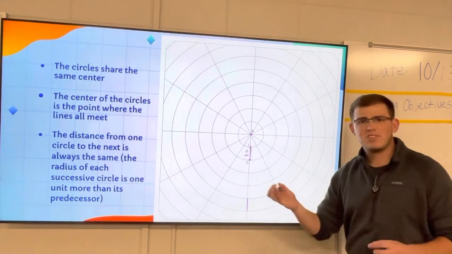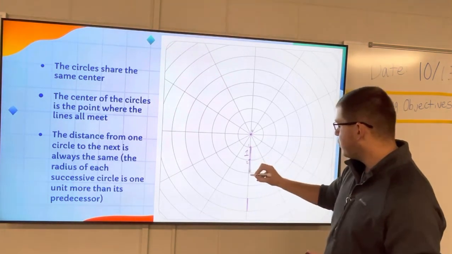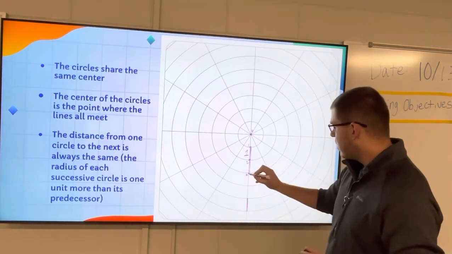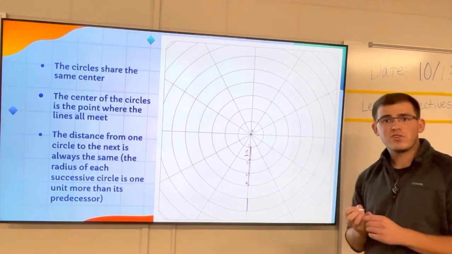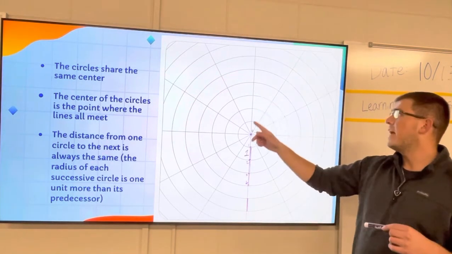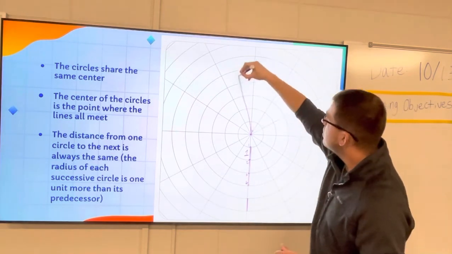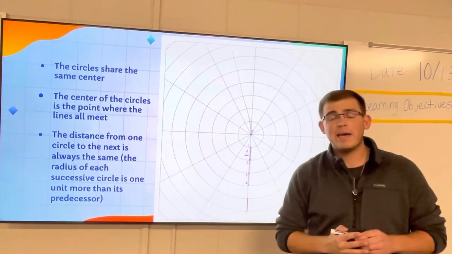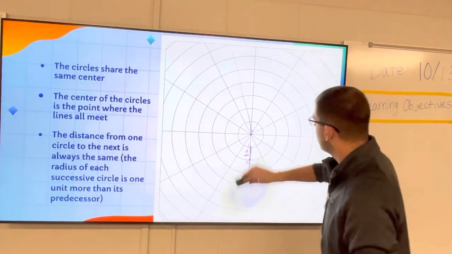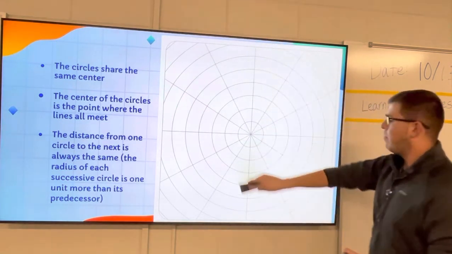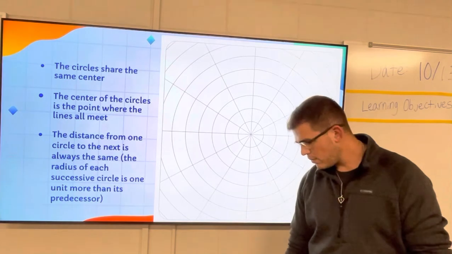Think about it like an axis of sorts. So going out another unit from 2 to 3, another unit, 3 to 4, all the way out in every direction. Now this graph just has these lines here, but you could make your own line if you really wanted to. Splitting the middle, that would be a half unit, just like we do on a regular square grid. Pause the video if you want to take notes or take a screenshot. Otherwise, we're moving on.